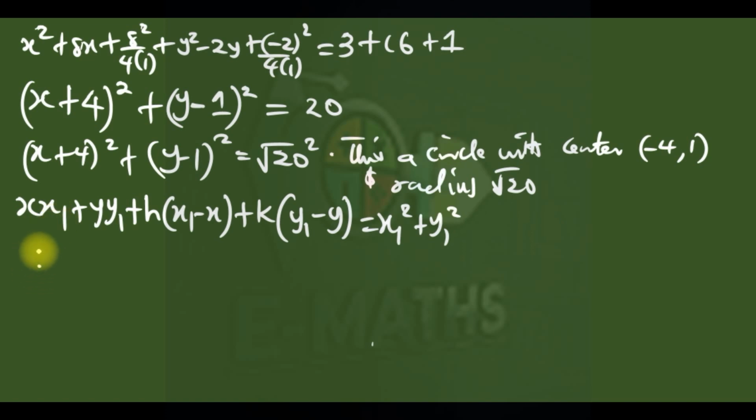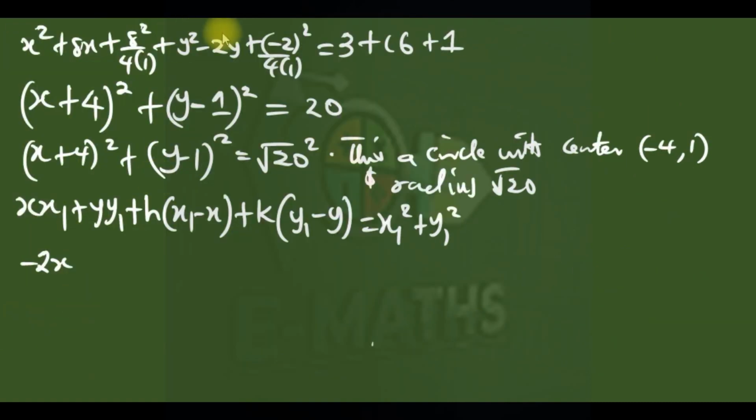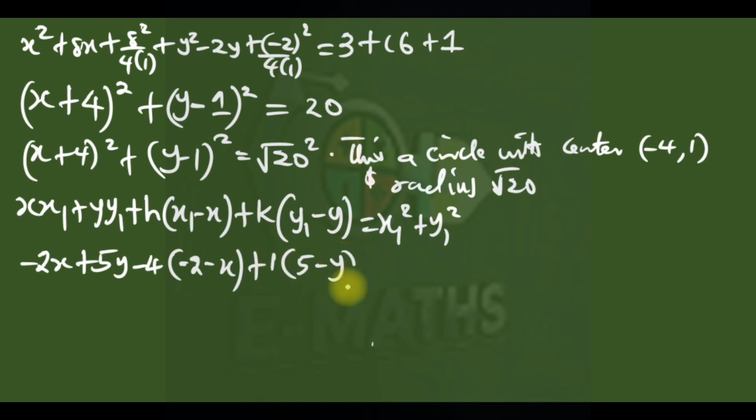So I have minus 2x plus 5y plus, this is minus 4 times x1, minus 2, minus x, plus k is 1, so 1 times 5 minus y, equal to minus 2 squared plus 5 squared.